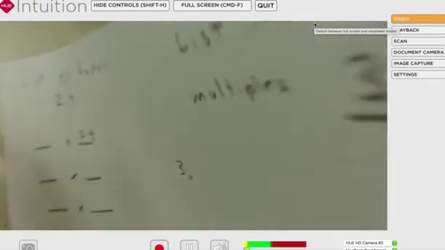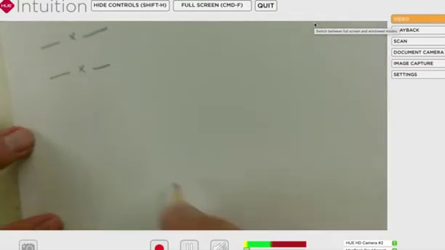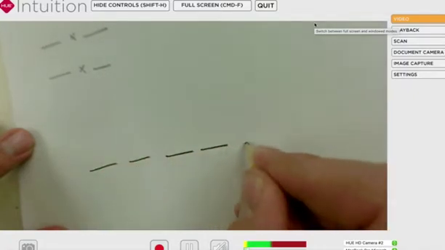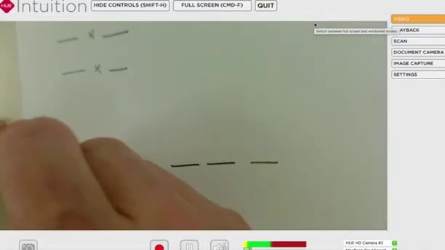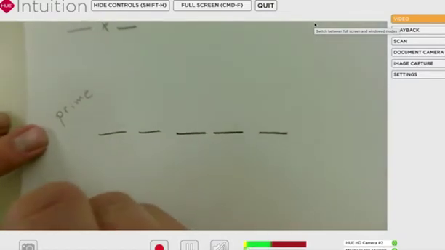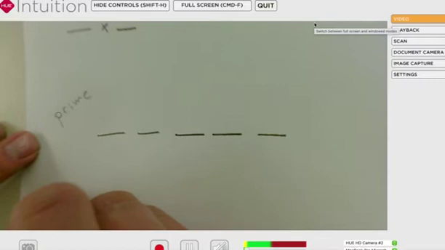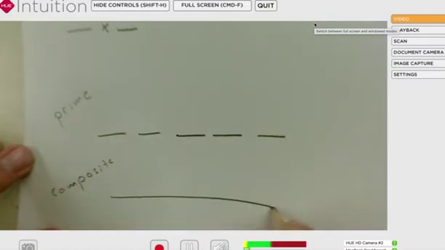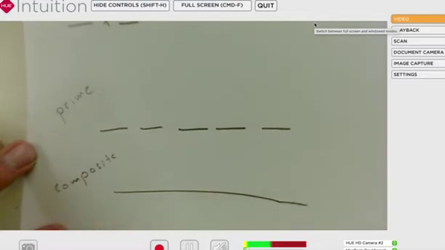You can do that. Last but not least, I want you to list 5 prime numbers. You can rewind the video. You can flip your paper over. I don't care. Oh, I do care, but. And then I want you to list 5 composites. If you really want to razzle-dazzle me, I want 5 of them.